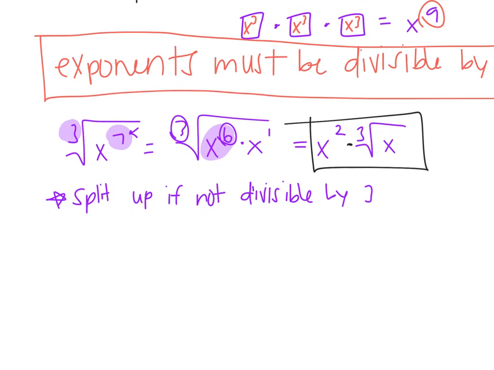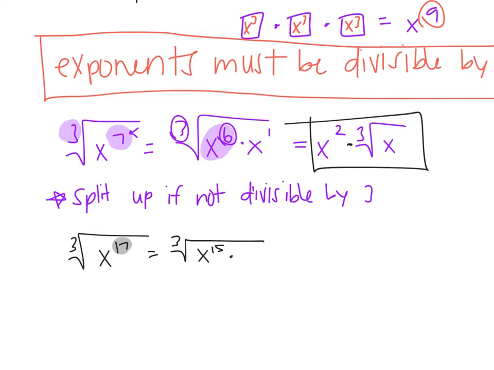This time you pause the video, see if you can figure it out, and then unpause it and see if you are correct. Okay, let's try the cube root of x to the 17th power. Again, we're going to have to split it up because 17 is not divisible by 3. What is divisible by 3 that's closest to 17? x to the 15th.